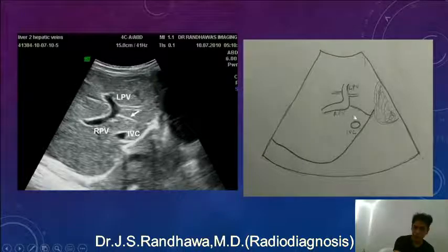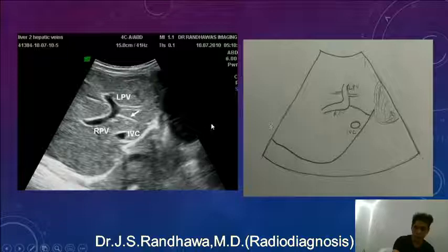Now in the line diagram also you can make out caudate lobe is posterior to the fissure for ligamentum venosum, and this fissure for ligamentum venosum is at the junction of the horizontal and the vertical part of the portal vein. You can make out here.